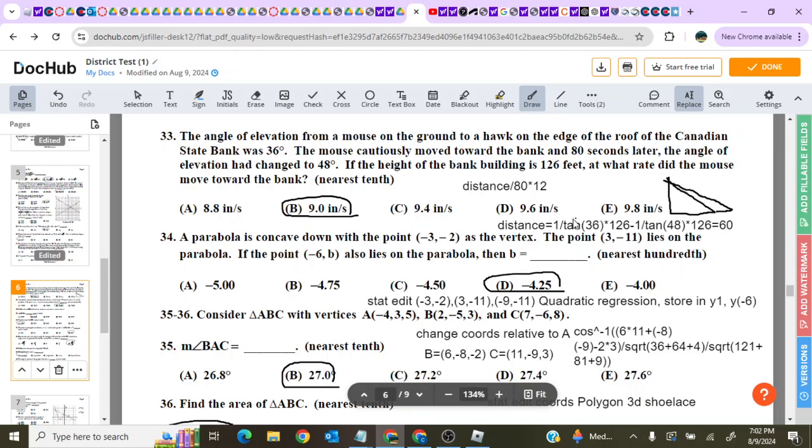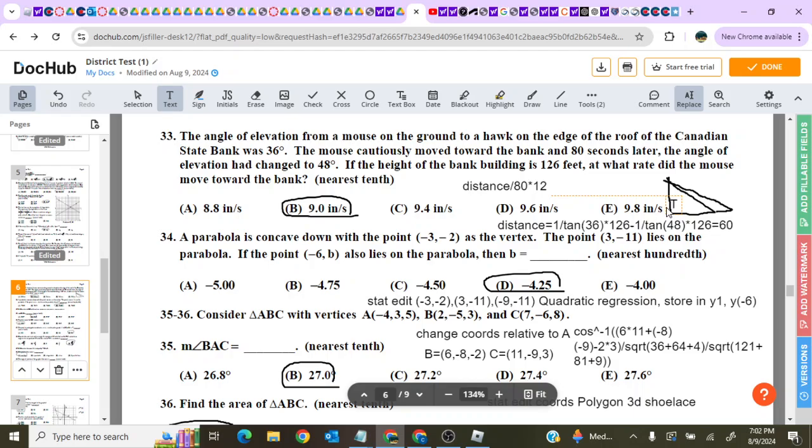So 1 over tangent of your original angle times 126 will get you this entire side right here. And then to figure out how far they moved, you need to subtract it by this side right here. Well, this angle is 48. The height of the building didn't change, so 1 over tangent of 48 times 126, and that will get you a distance of 60.